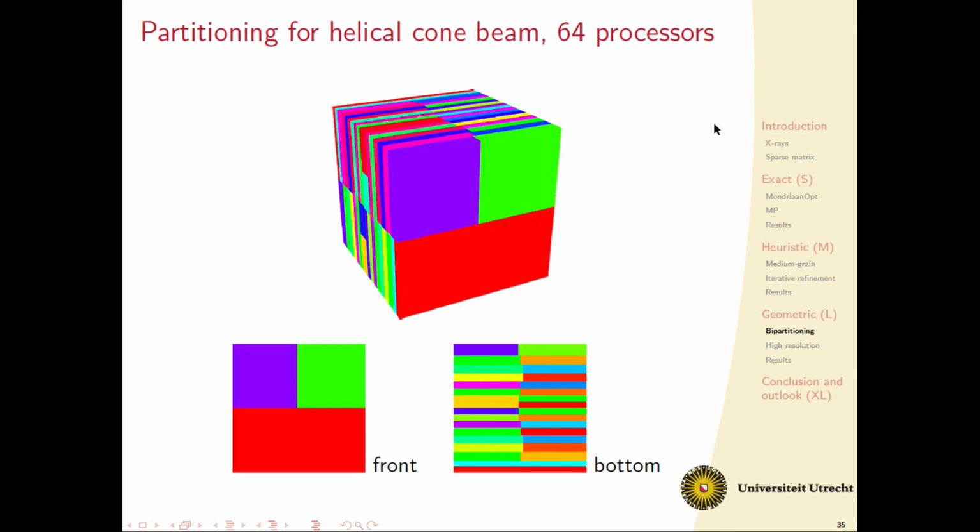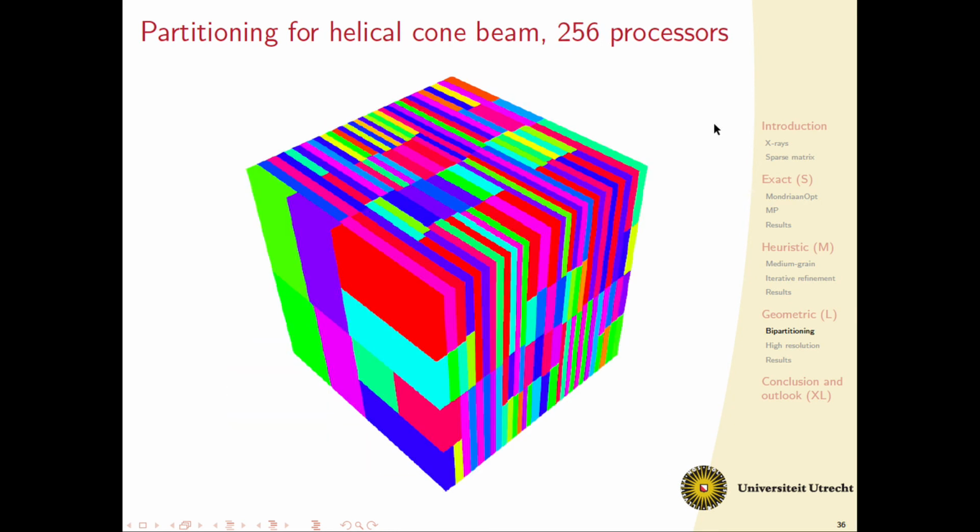Okay, so this is what we get then for the helical cone beam. You see the front and the bottom. The helical thing, you see a little wiggle going through all the layers. So this is for 64 processors, for 256 processors.